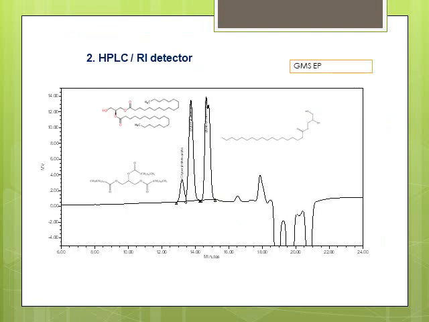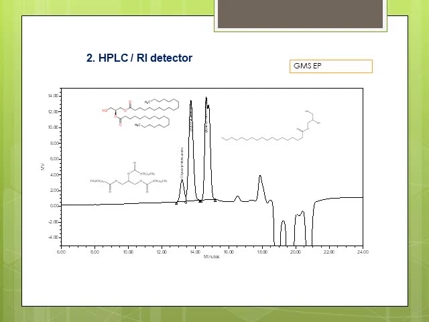The next technique is the HPLC with RI detector, and the parameters, if you're interested, are in the EP monograph. So all these parameters and how to do it are there. Because it is a size exclusion chromatography, the way that the molecules are eluting from the column is reversed, meaning that the bigger molecule will elute first.